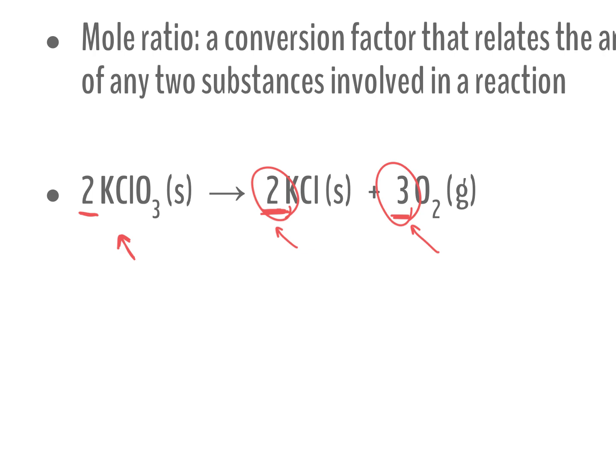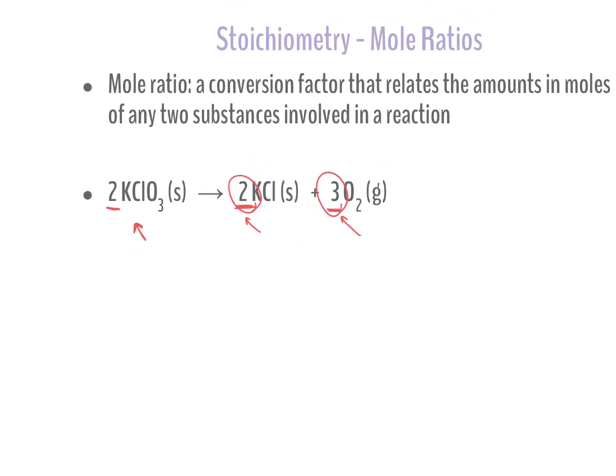The mole ratio always has to be in moles, right? We can't compare grams of one to moles of another. Remember we kind of talked about that? Grams of two different molecules don't give us an idea of the quantity. They just give us an idea of mass.